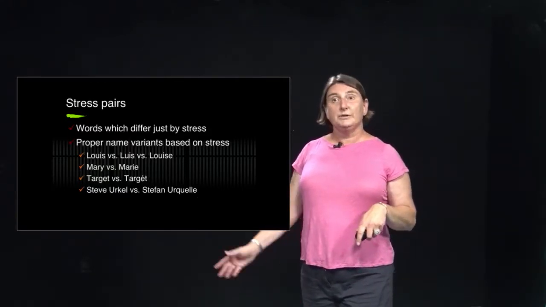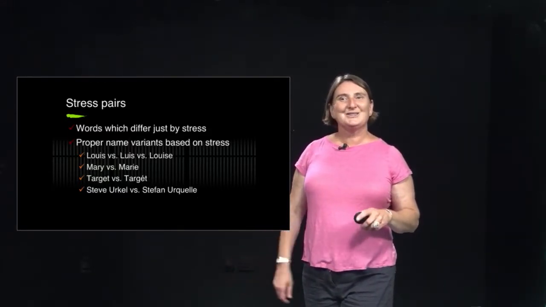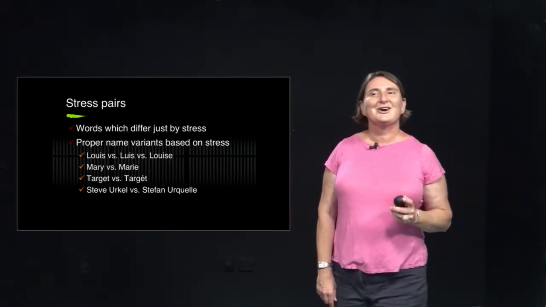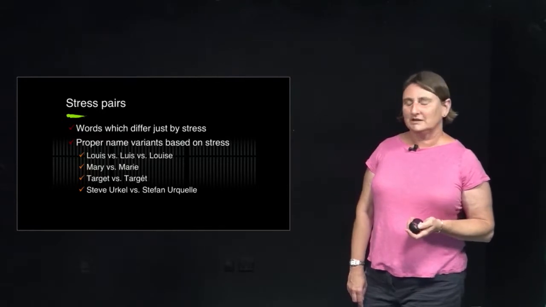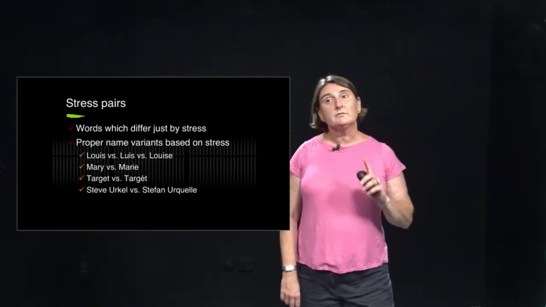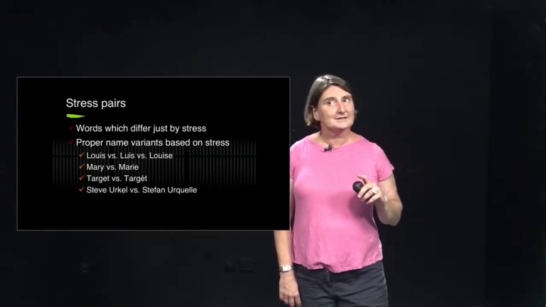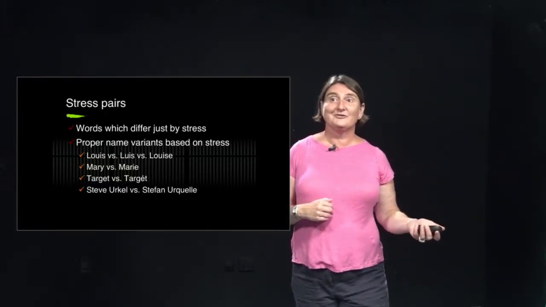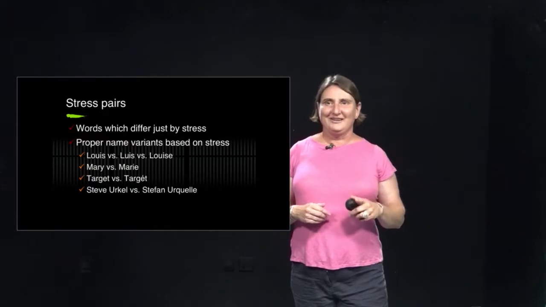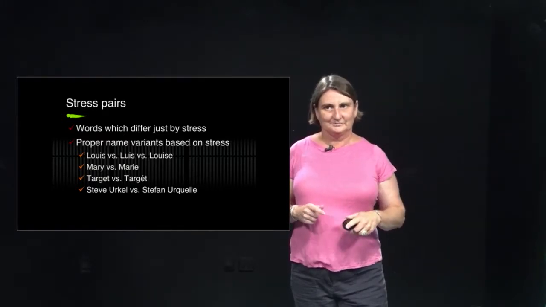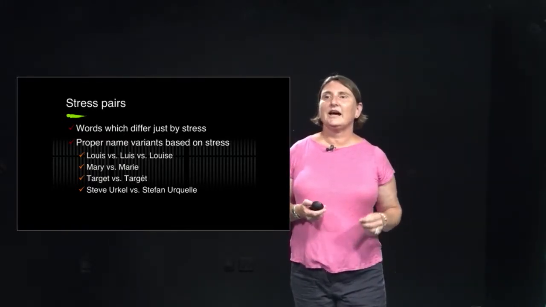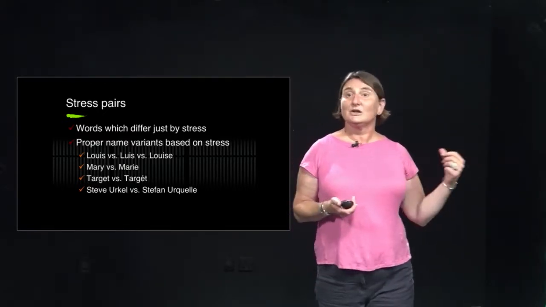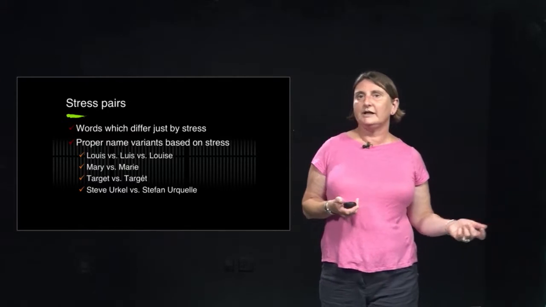Now, building from the minimal pairs, we also have stress pairs. And these are words that are differing only in the stress. So that's pretty cool. Proper name variants from different countries, or the male version, the female version, often are stress pairs. Okay, so we can look at Louis, male version, versus Louise, female version, right?